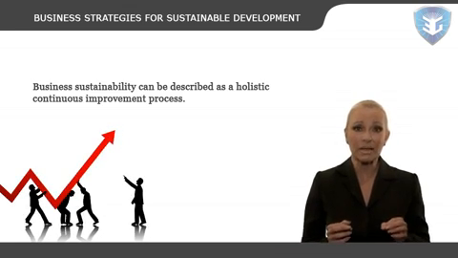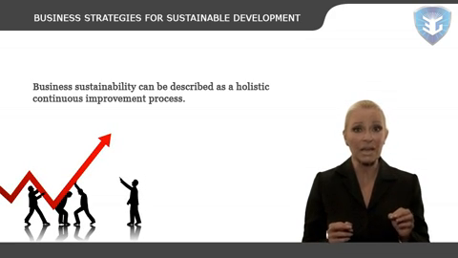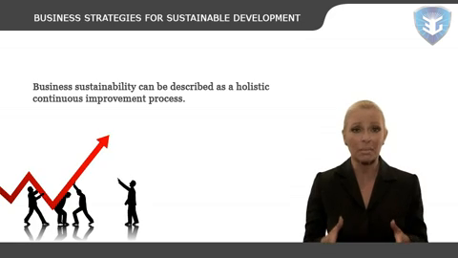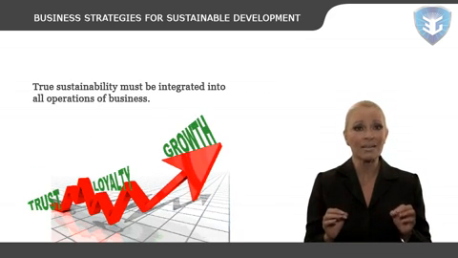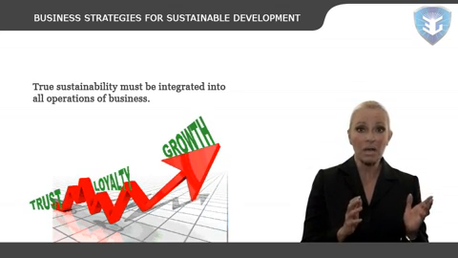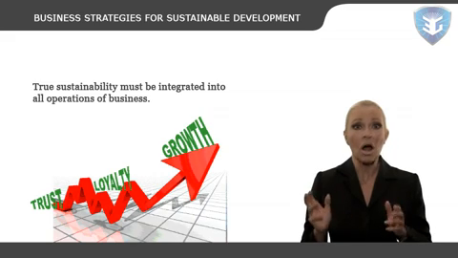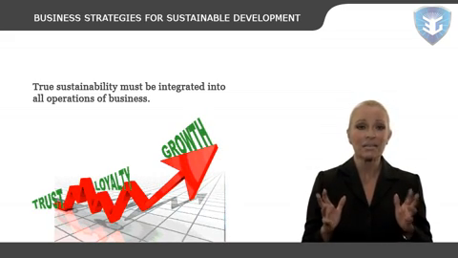Business sustainability makes good business sense because the benefits feed directly back into the bottom line. True sustainability must be integrated into all operations of business, from policy and management through on-ground activities such as purchasing, production, and distribution.